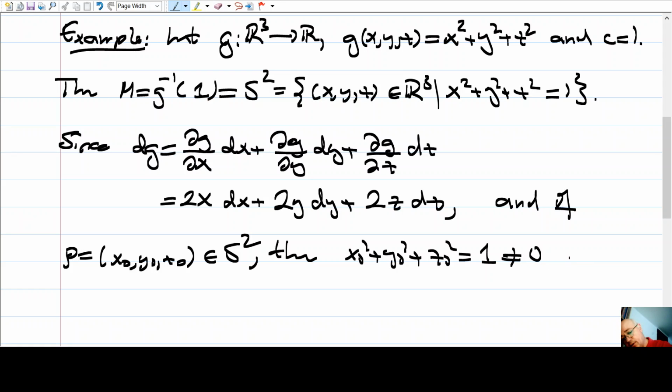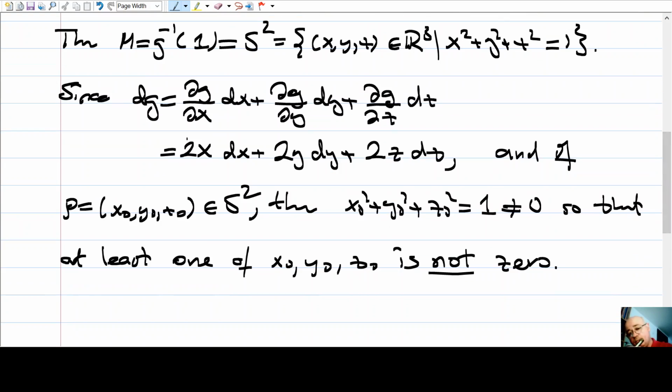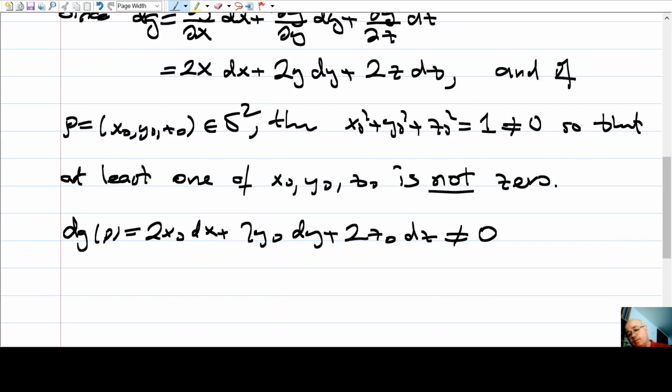So at least one of x0, y0, z0 is not 0. This implies that dG at this point, which is 2x0 dx plus 2y0 dy plus 2z0 dz, is not a zero 1-form.